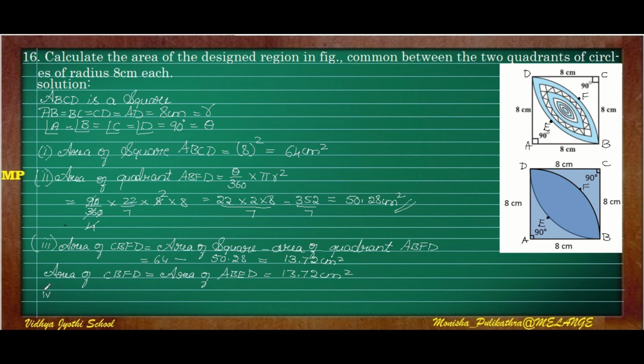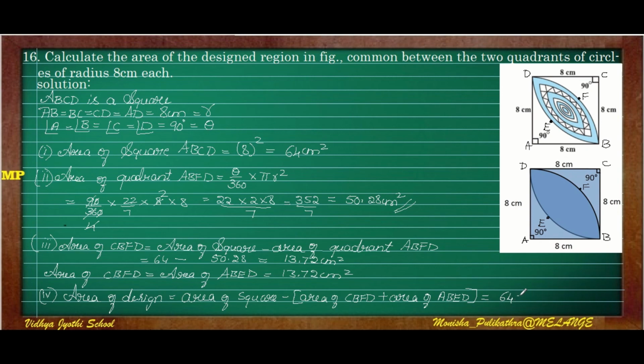So in order to find out the area of only this design, from the square, if we subtract both these regions, then the only remaining part will be the design. So by that we can find out the area of design. So area of design is obtained by subtracting area of CBFD plus area of ABED from the area of square.